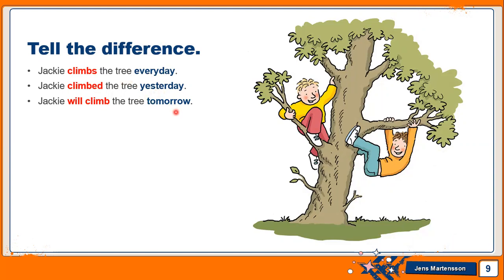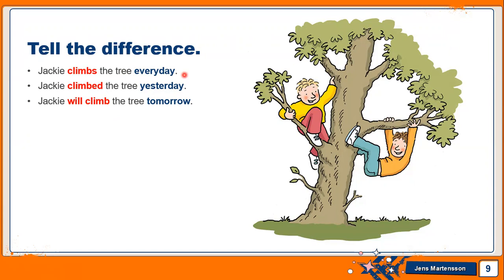So what can you deduce from these words, the difference? Climbs every day, climbed yesterday, and will climb tomorrow. We know that we have the same action, but it's being done at different times. Jackie climbs the tree every day. Like now, Jackie climbs the tree.